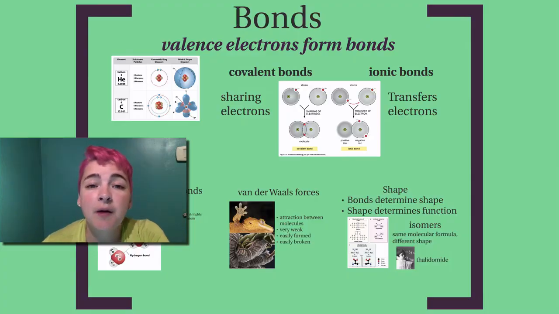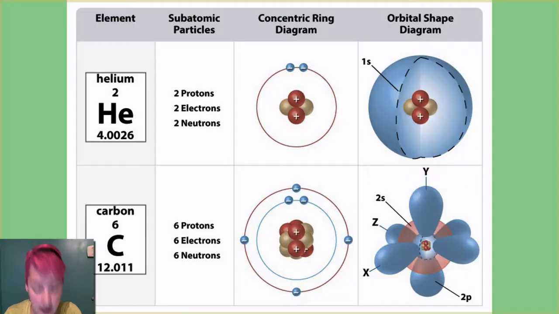Looking at the different types of bonds that we'll need to know, helium has an atomic number of 2, meaning it has 2 protons, and then in a stable atom, it would have 2 electrons and 2 neutrons as well. The protons and neutrons are within the nucleus of that atom, and the electrons float in the electron cloud around that nucleus. The diagram that's a little bit more accurate to draw would be the orbital shape diagram here.